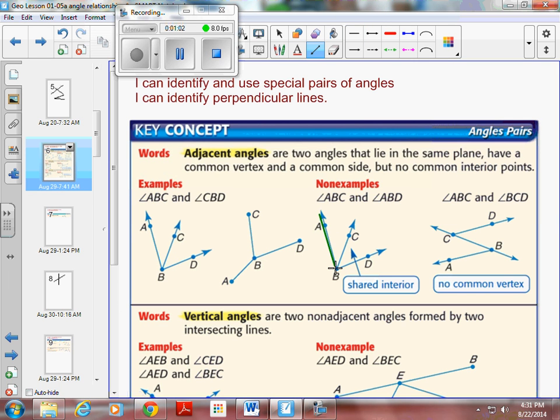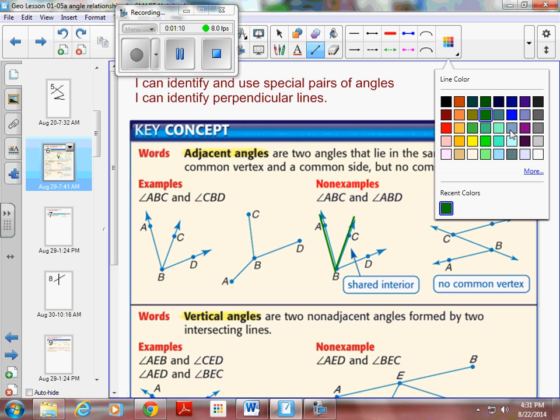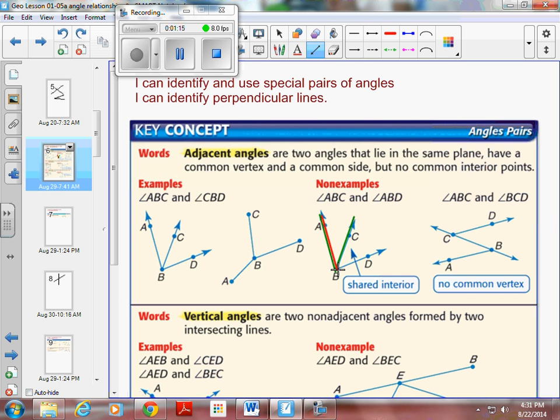So we've got A, B, C. That's one of the angles. And then let me change my line color again to red. And this is going to be A, B, D. So the green one and the red one share a common side. They share a vertex, but point C is in the middle of it, so they aren't adjacent. One is actually inside the other one, so these are not considered adjacent.